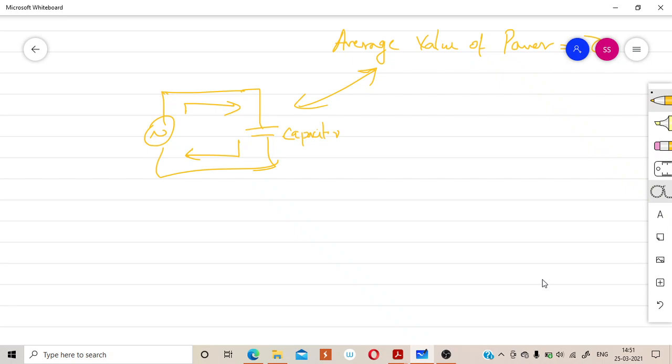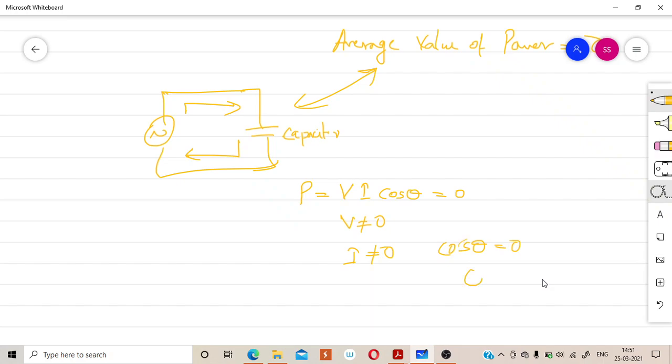It is given as P, capital P, equal to V into I into cos theta, where V and I are the RMS values and cos theta is the power factor. That is equal to 0, but V is not equal to 0, as V RMS is Vm by root 2, and I RMS is also not equal to 0, because that is Im by root 2. That means cos theta, our power factor, is equal to 0.